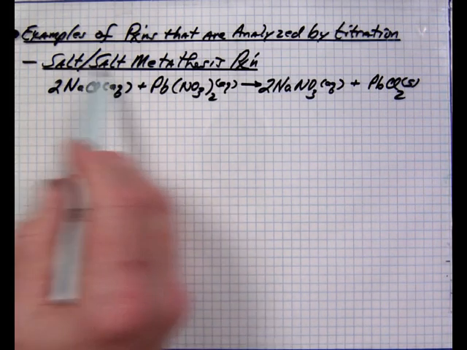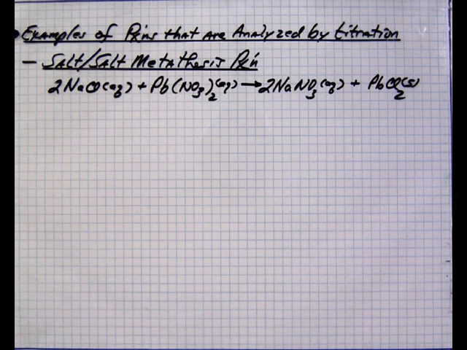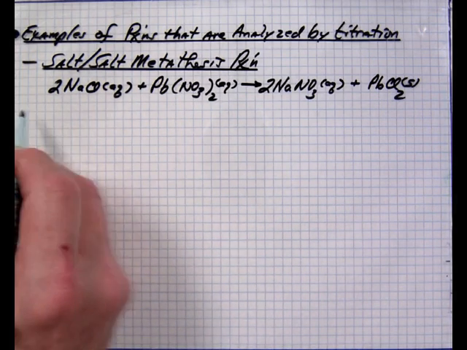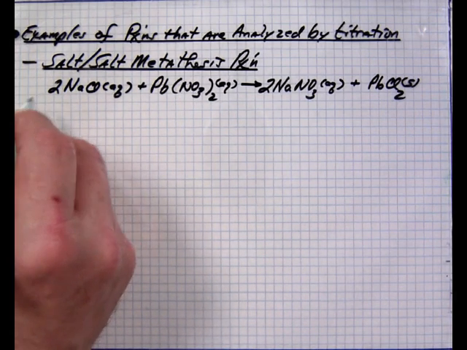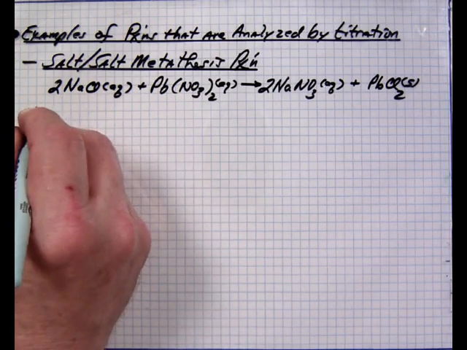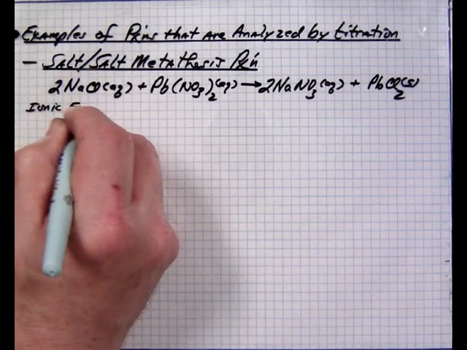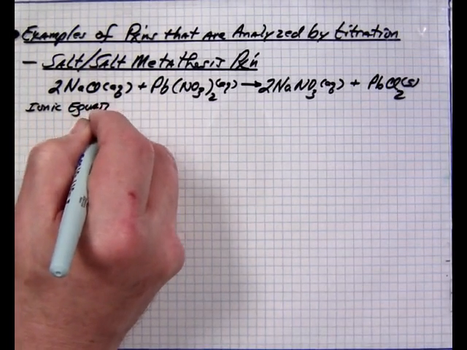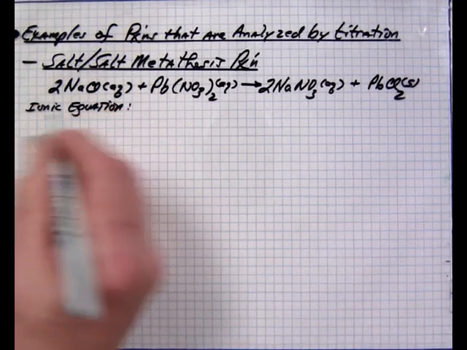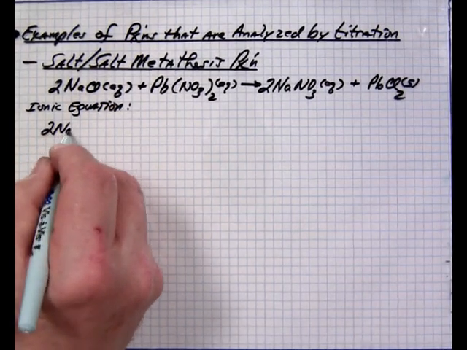Now, working with the salt-salt metathesis reactions, this is a molecular reaction. From the molecular reaction, we can get an ionic equation, which looks like this.